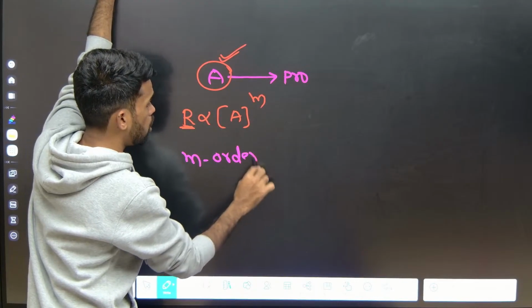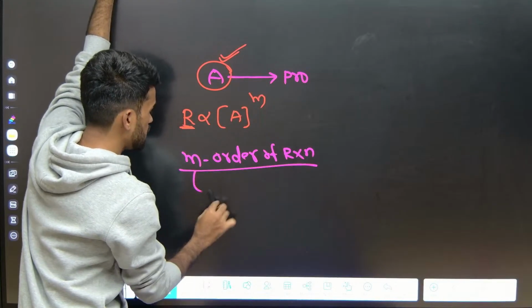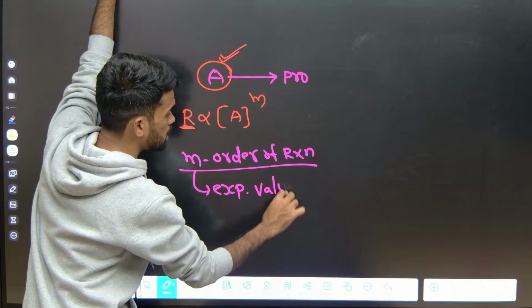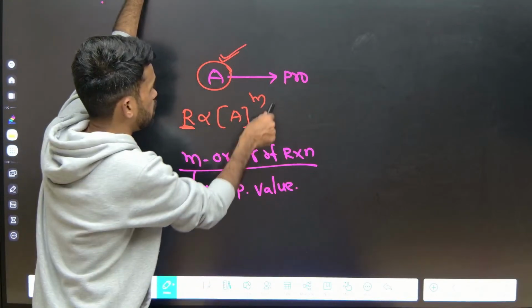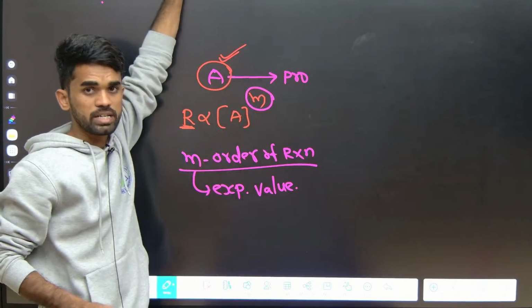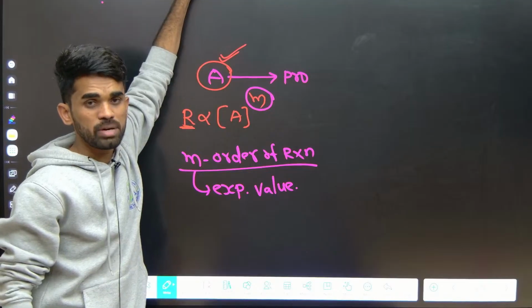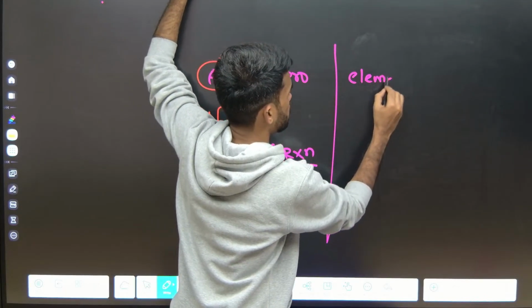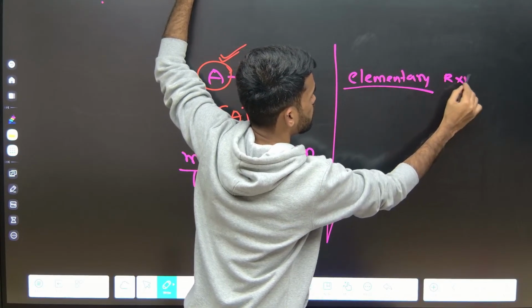What is it? Order of reaction. This order of reaction is an experimental value. We cannot get it theoretically. We need to look into the experimental data in order to identify this m, the order of the particular reaction. In case the reaction is mentioned as an elementary reaction, then whatever the stoichiometric coefficients are, those will be their orders.